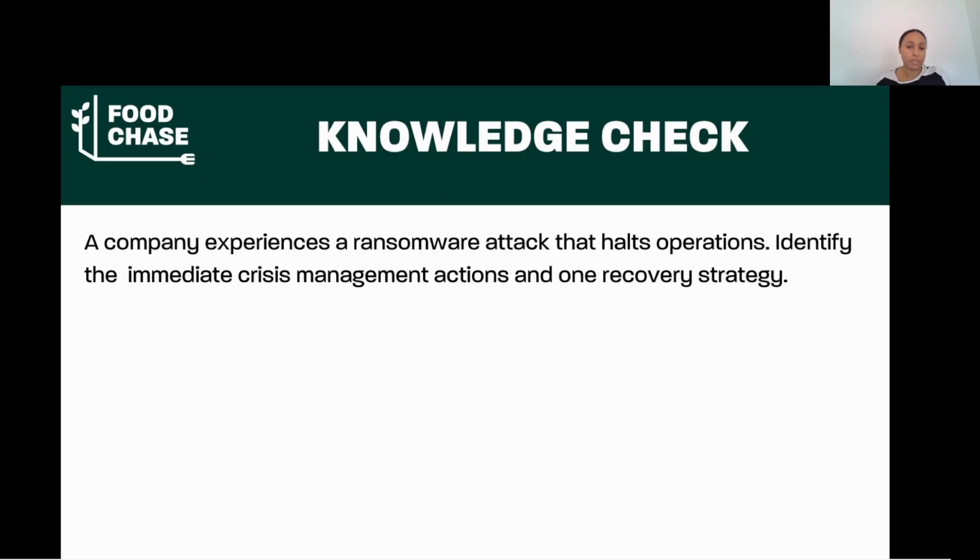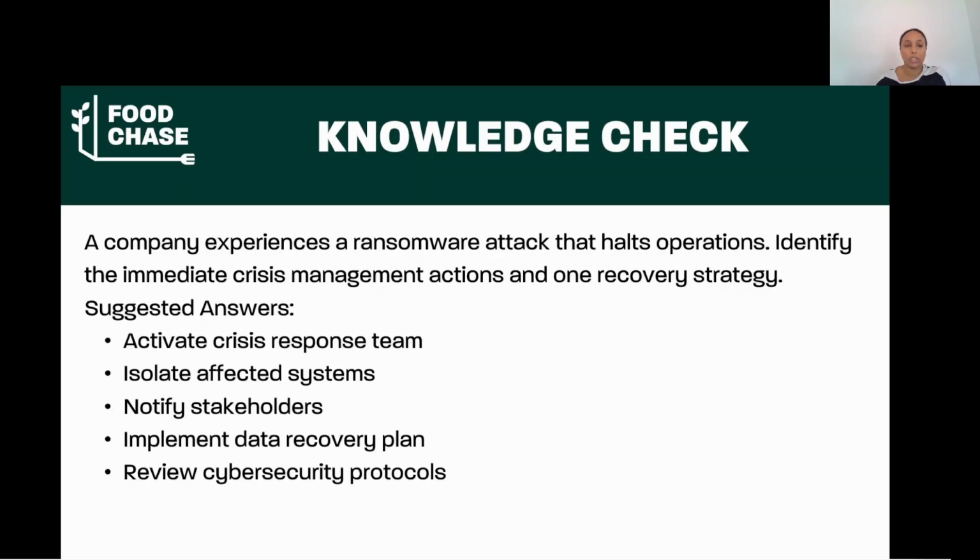When a company experiences a ransomware attack, what are the immediate crisis management actions and then the possible recovery strategy? The suggested answers are: activate the crisis response team, isolate affected systems, notify stakeholders, and furthermore implement the data recovery plan and review cybersecurity protocols.